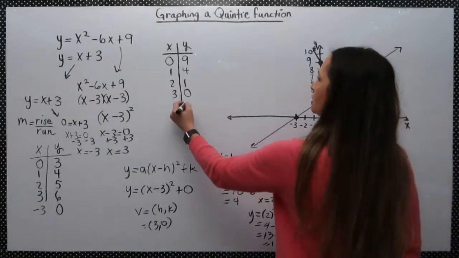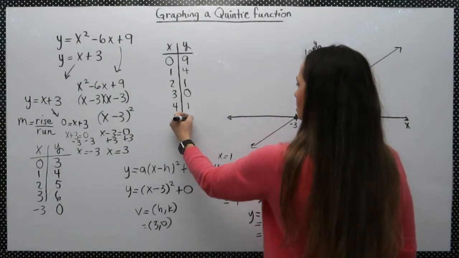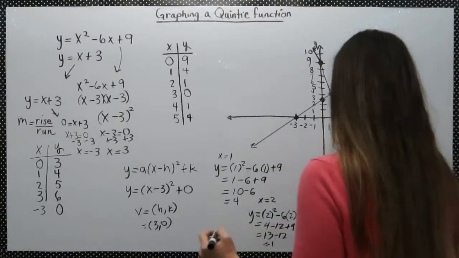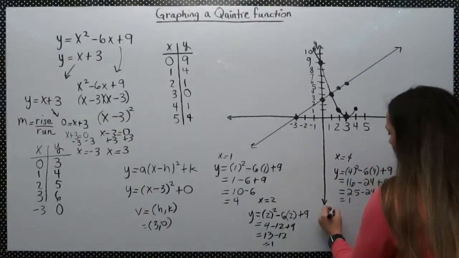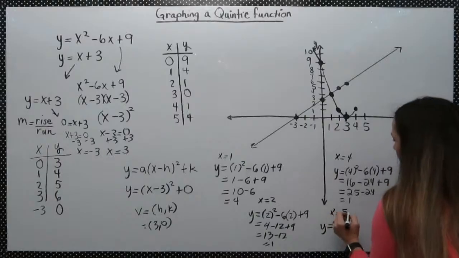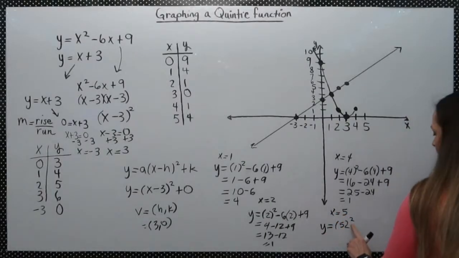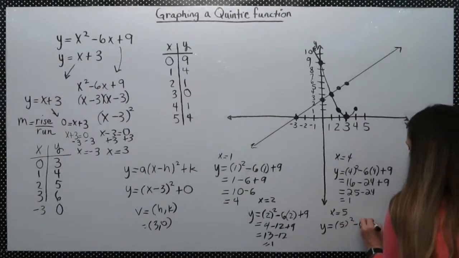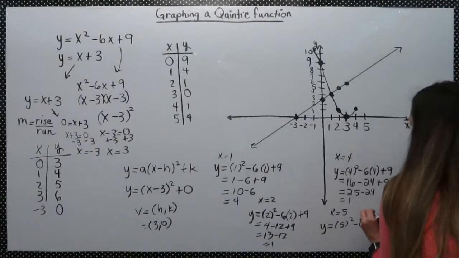Good. So then that means at 5, we're probably back to 4. I'm going to go ahead and do it real quick just to make sure. I think I can fit it in here when x equals 5. Just for fun. y equals 5 squared minus 6 times 5 plus 9. I like patterns and the predictability of it.